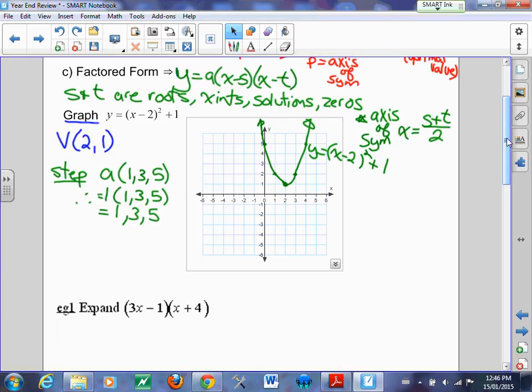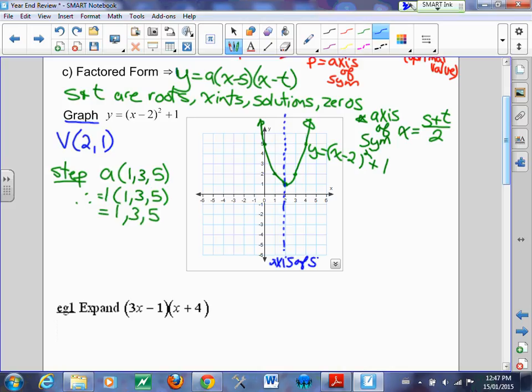And let's just go over a couple key points. If I asked you for the axis of symmetry from this graph, remember the axis of symmetry is a vertical line that splits the left side from the right side, and it must go through the vertex. So the axis of symmetry, short form AOS, is going to be the equation where it hits the x-axis. So it's going to be x equals 2.